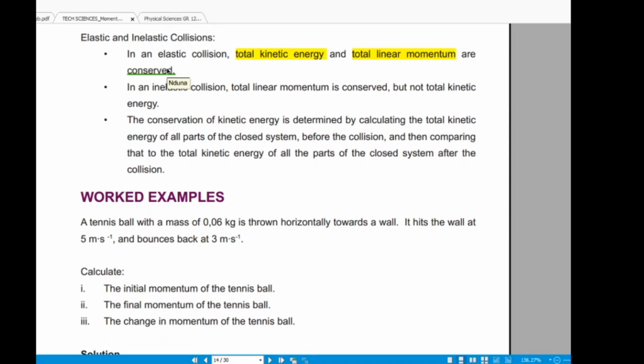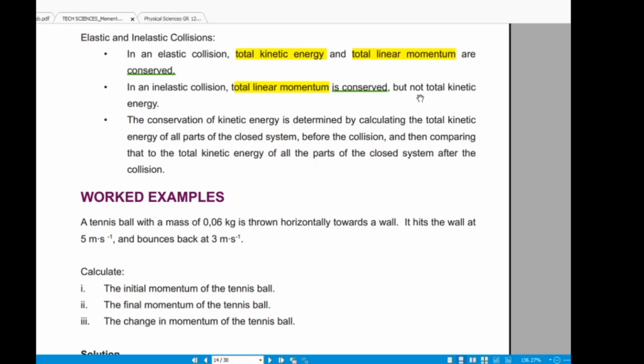In an inelastic collision, total linear momentum is conserved, right? Total linear momentum is conserved, but not total kinetic energy.